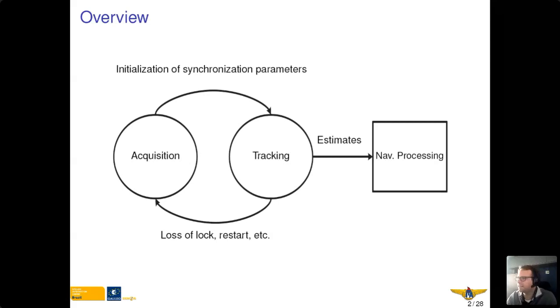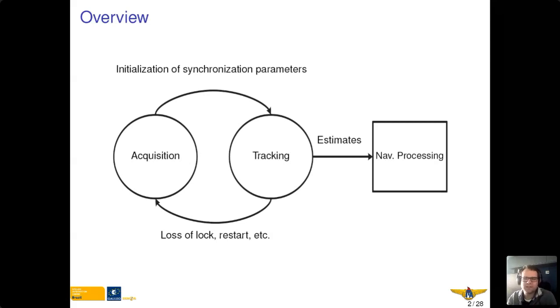In order to build these processes, you have to take some decisions, right? First of all, you have to decide: have I acquired a satellite? And this is what we will discuss with the detection problem. But are the parameter estimates sufficient? You cannot really test this. So most receivers initialize tracking and then check if they have locked.